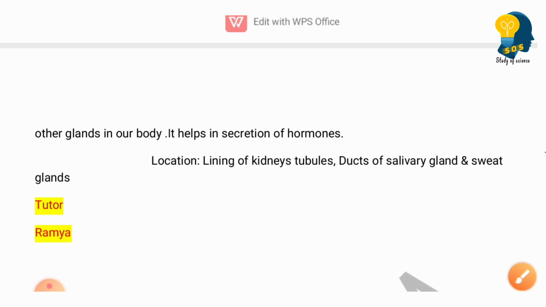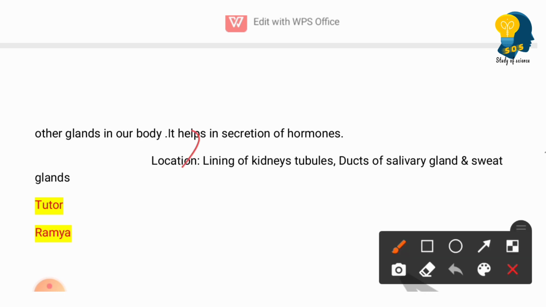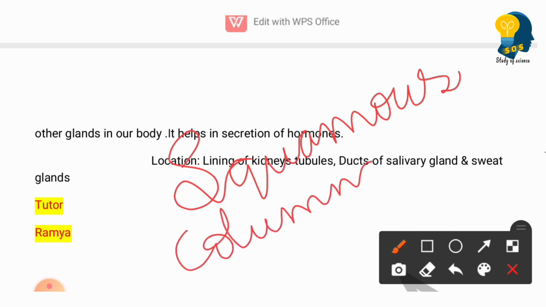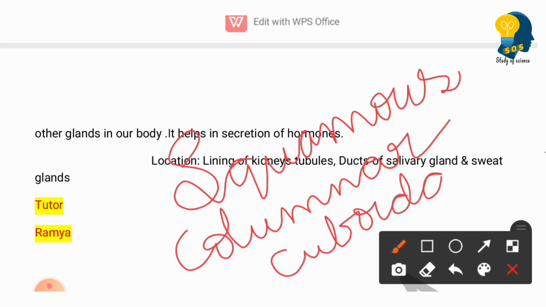Till now you have understood the three different types of epithelium tissue. The first is the squamous epithelium tissue, the second is the columnar epithelium tissue, and the third is the cuboidal epithelium tissue.